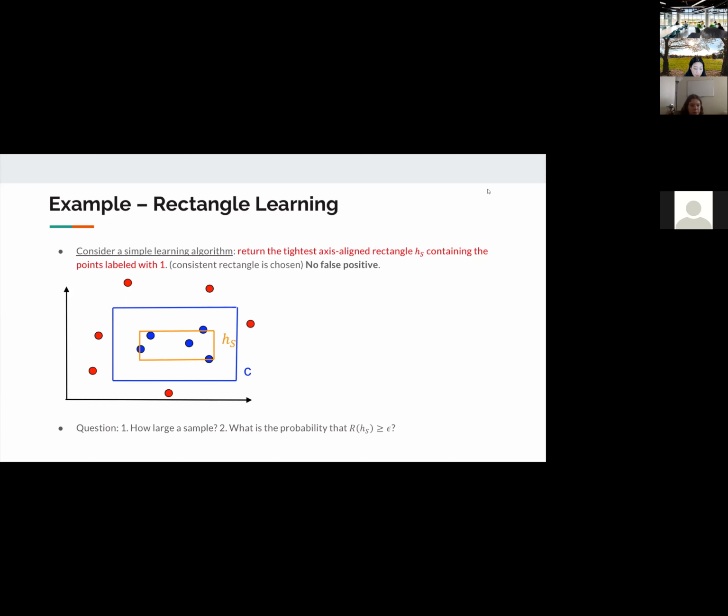Because that's the tightest axis aligned rectangle that's containing all points labeled with 1. I'm going to return that one. And it's very important to notice this is a so-called consistent rectangle. Why? Because I'm not making any mistake on this h_S, right? So the empirical error of h_S is 0. Is that clear? So there is no false positive, to be more concrete.